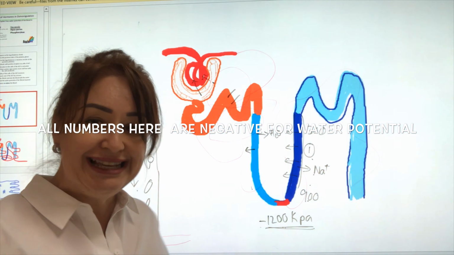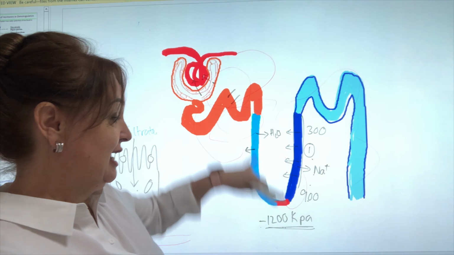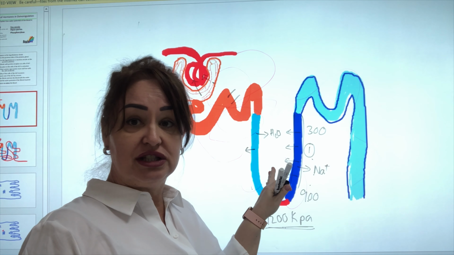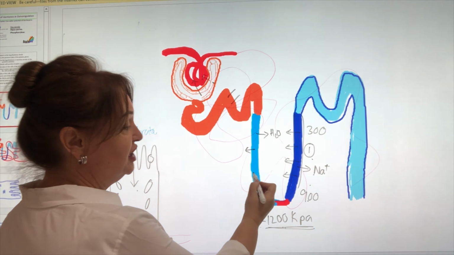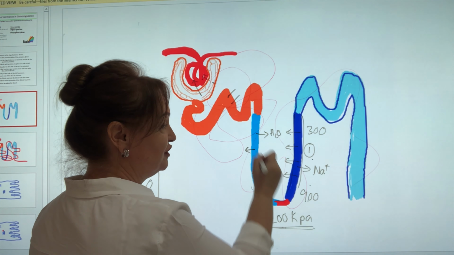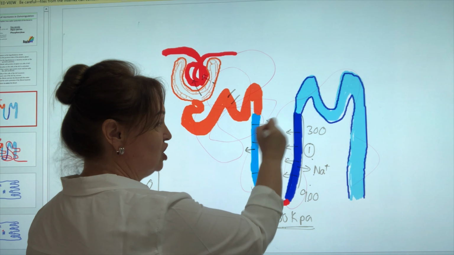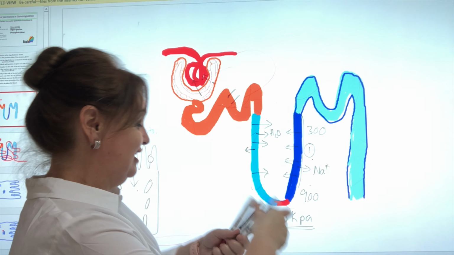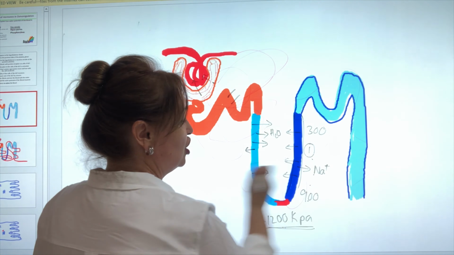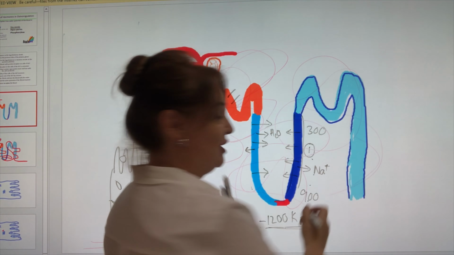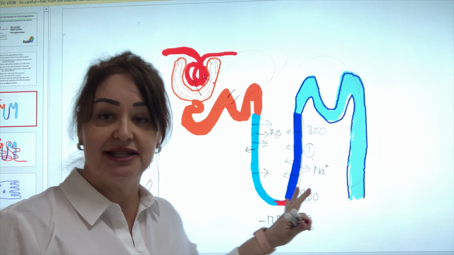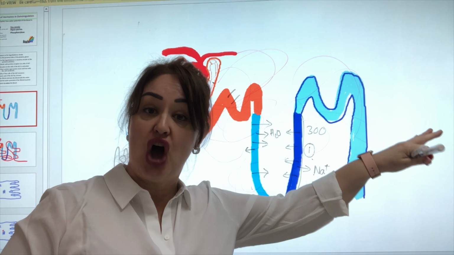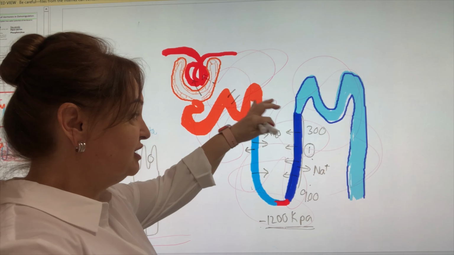When we come over to this side, we've got a high concentration of salts here, and so water is going to follow by osmosis. And of course, the key thing you've got to remember is that all of this has got blood capillaries on the outside. So the water moves into the interstitial space and then moves by osmosis into the blood capillary and off.